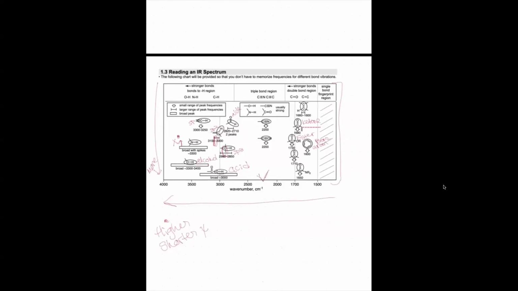Those are major things to look out for when you're interpreting a graph. If you can really understand this graph, for the most part, you're gonna be doing pretty well.